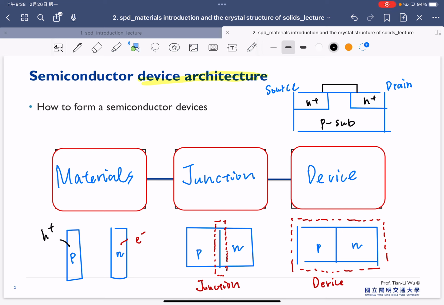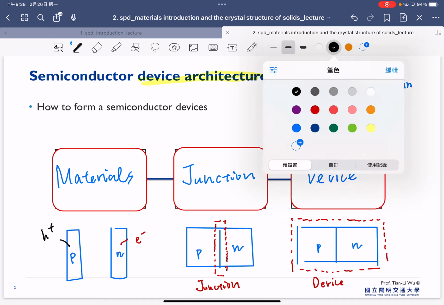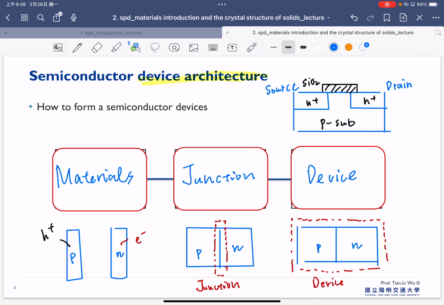The one we use most often is silicon dioxide. And then we have the gate. This is the structure of the MOSFET.